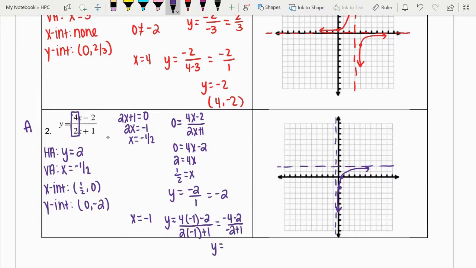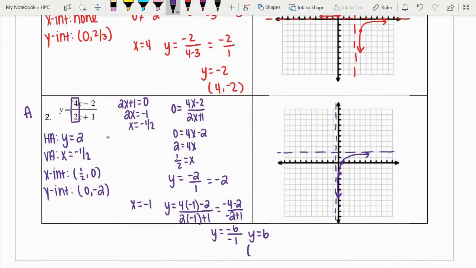So y is equal to negative 6 over negative 1. So y is equal to 6. So when we are at negative 1, we'll be at positive 6. So then I can go ahead and finish the left-hand side of this graph.